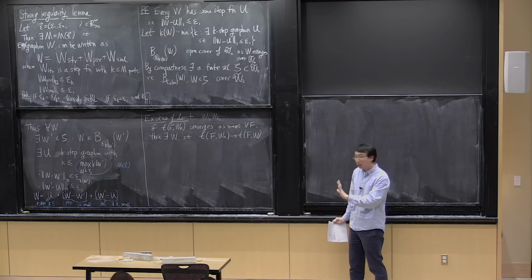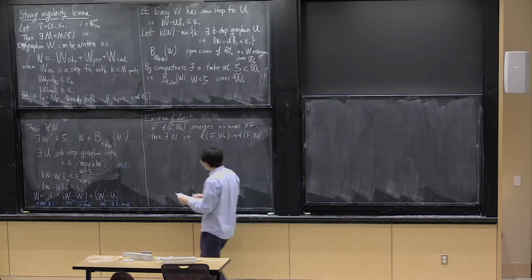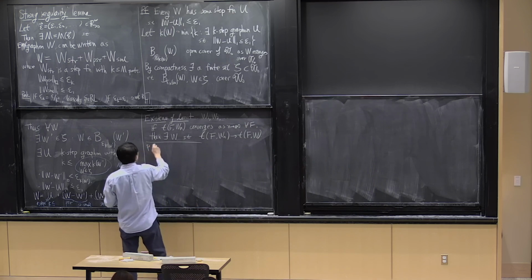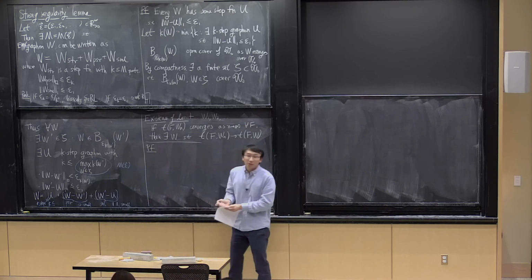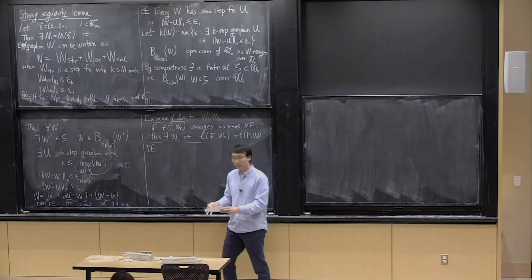So nothing about cut norms, at least as far as the statement goes. Well, okay. From compactness, we know that you can always produce a subsequential limit.